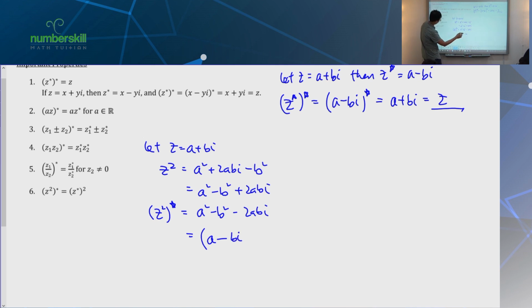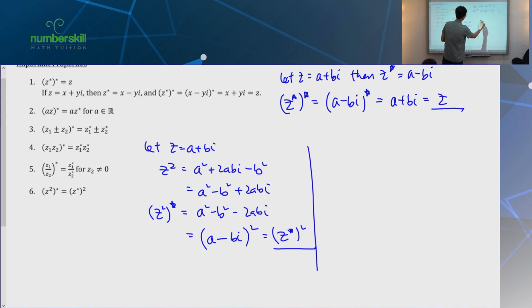Agree? Because you are going to have a b square at the back, so it's a minus b square and then a 2ab. So this then becomes your Z star whole thing square. Now, if it works for square, it should work for cube.